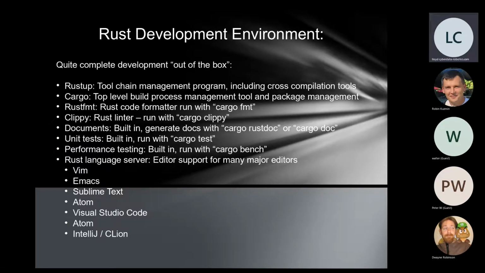The best support that I've seen is in Visual Studio Code. That seems to have the best support for the language server. I personally use Sublime, and it's quite good. I've worked with a couple people that use Atom, which I now see I've got in there twice. Sorry about that. I'll fix that. And that one's pretty good as well. I know a couple people use Vim, but I've not seen them use the language server plugin with Vim.